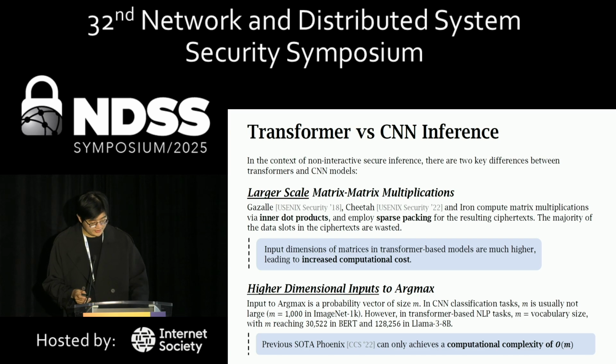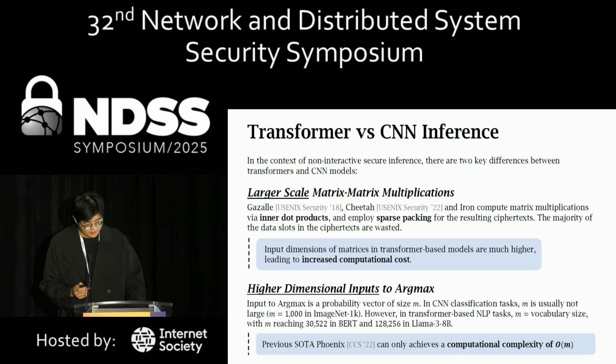For non-interactive secure inference, there are two key differences between transformers and CNN models. Firstly, large-scale matrix-matrix multiplication. Previous work such as Cheetah and Iron compute matrix multiplications via inner dot products and employ sparse packing for the results.